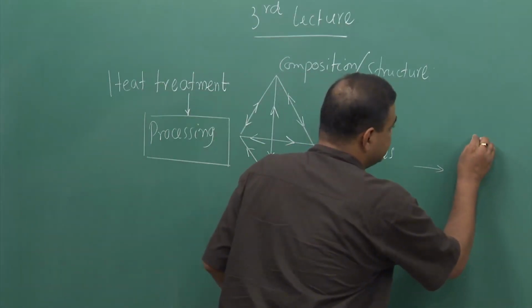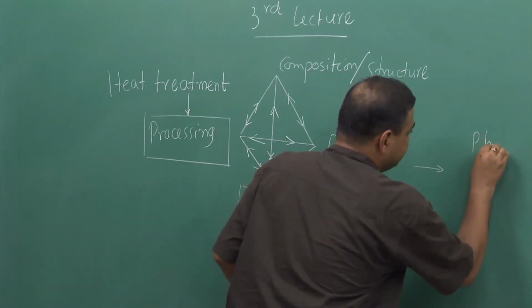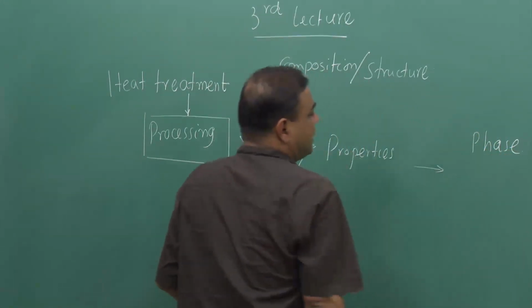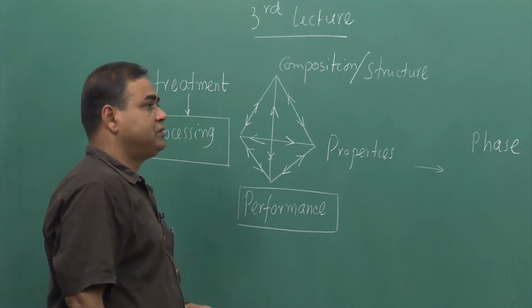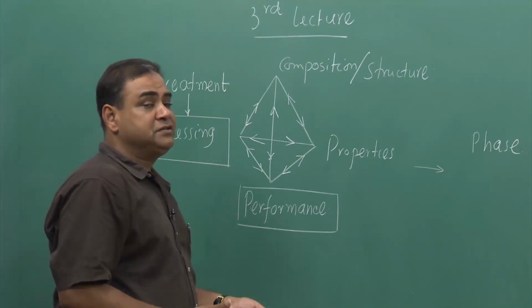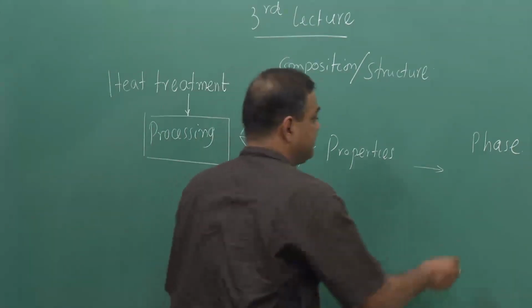Now, those things are inherent, like phase, and of course, when we talk about phase, we also try to see what is there in the transformation. We also see the transformation.